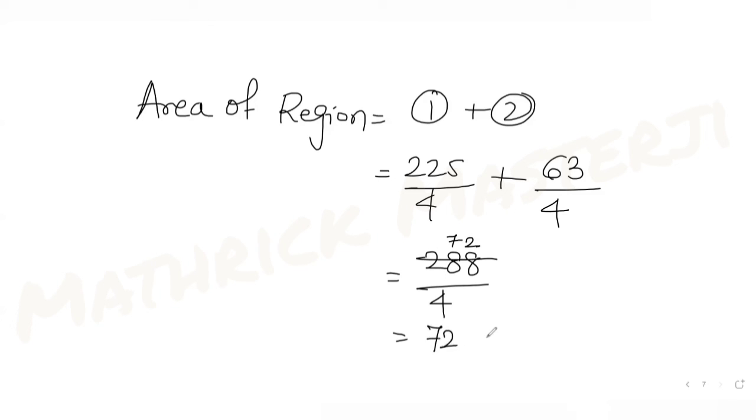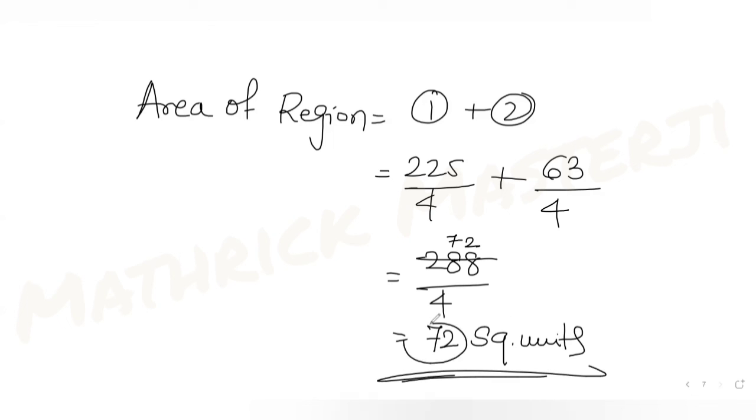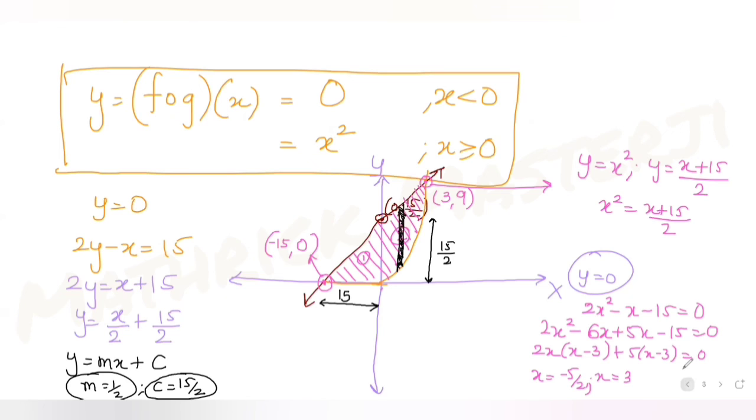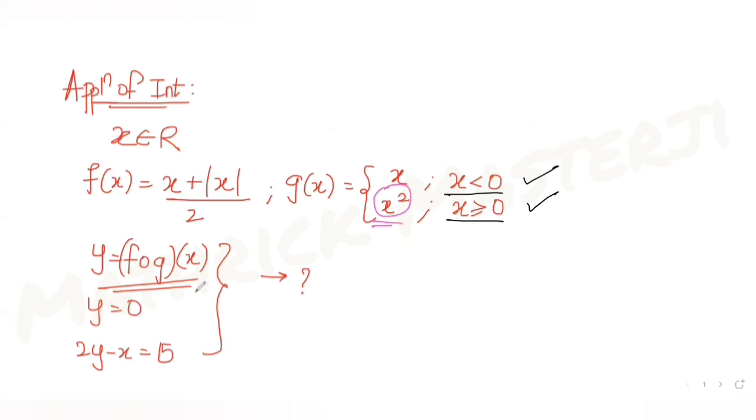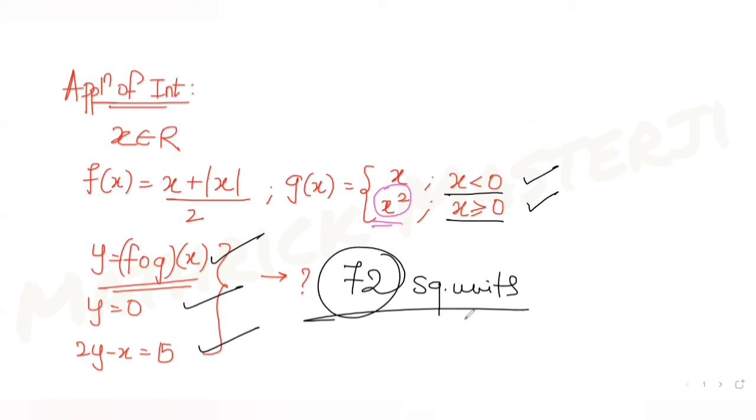So 72 square units. That is nothing but the area of the region which is asked of us between the three curves. One is y equals f of g of x, one is y equals 0, and the other is this line 2y minus x equals 15. So the area of this entire region is 72 square units.